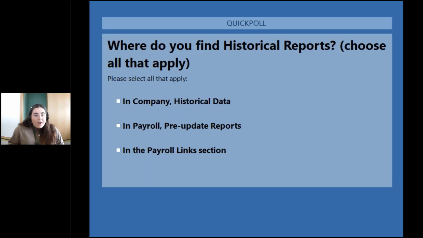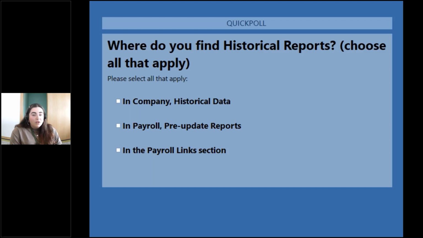which is, where do you find historical reports? So I'll leave the moment for about a minute. If you just select your answer, this one may be multiple choice as a little hint. So where do you find historical reports? Is it in company and historical data?